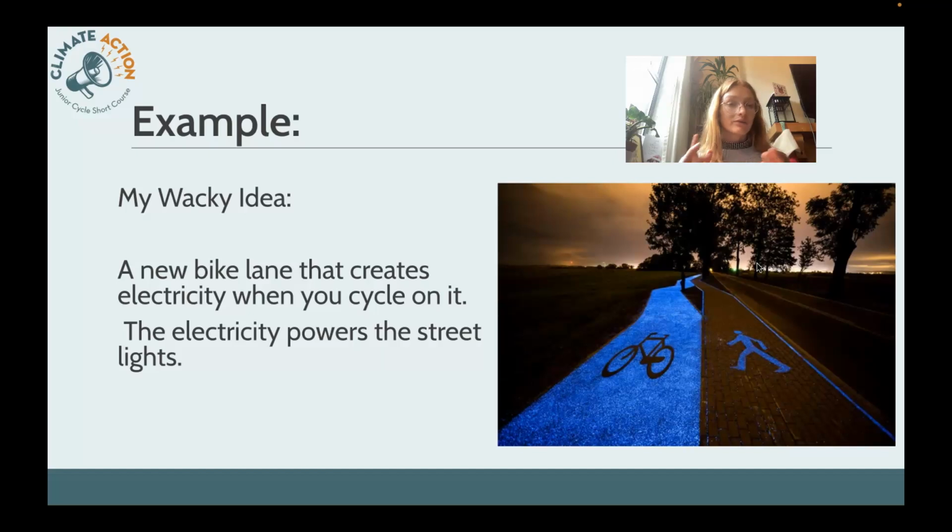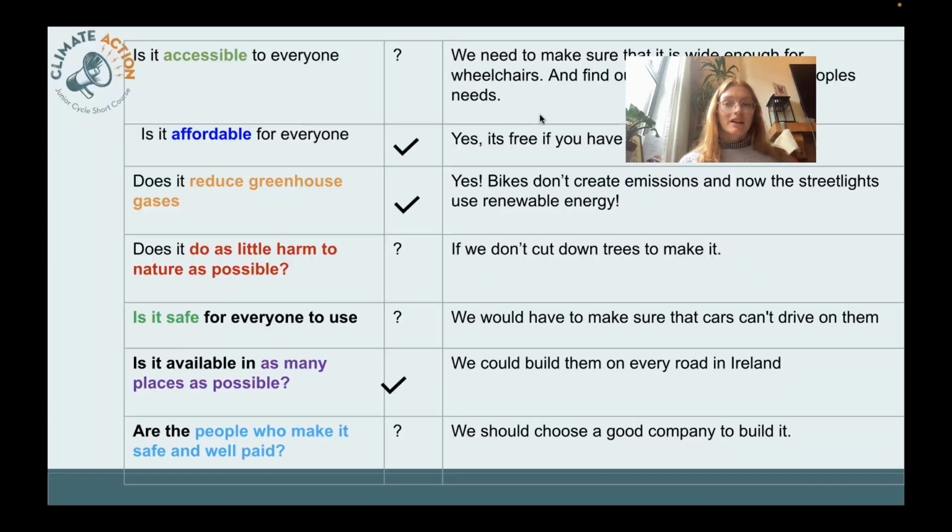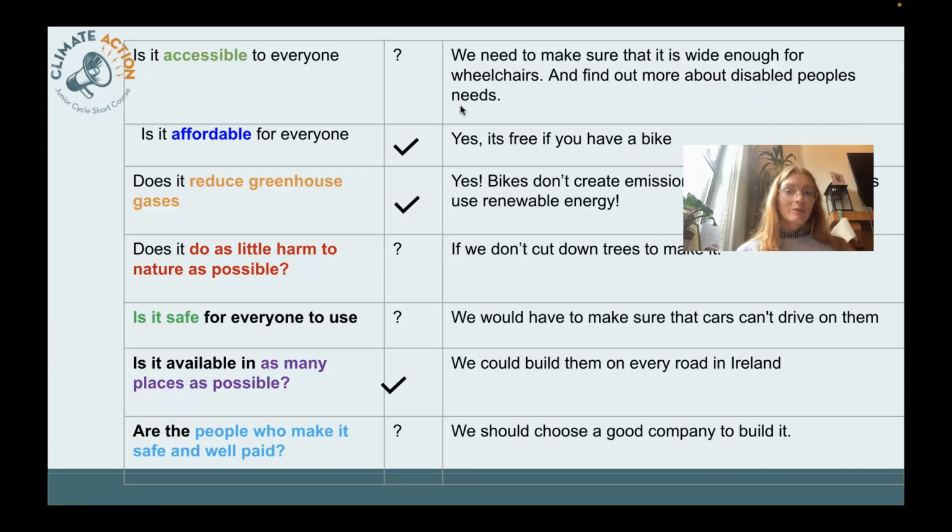So for instance, as an example, my wacky idea is a new bike lane that creates electricity when you cycle on it, and the electricity powers the street lights. And then I look at the checklist, and I don't know if it's accessible to everyone. So I put a question mark, and then I say, well, okay, we need to make sure that it's wide enough for wheelchairs and find out more about disabled people's needs.